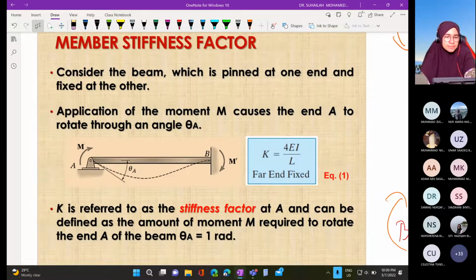K, the member stiffness factor. Always remember that K belongs to the member. K belongs to the element, not to the joint.